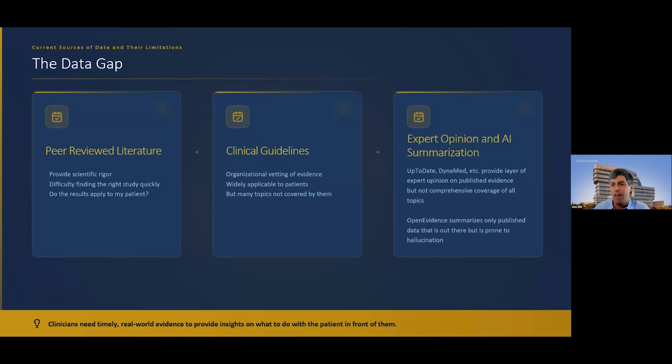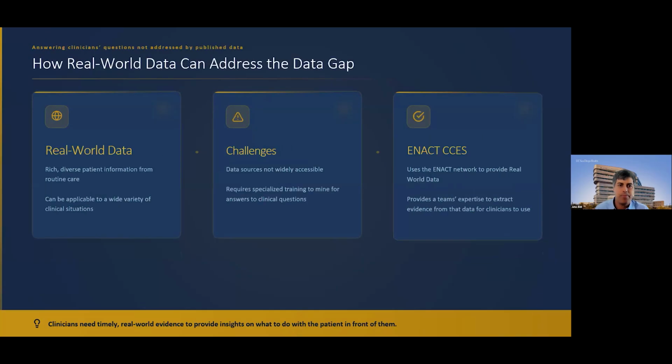I don't know if I can really trust this, because it is taking what I was looking for and getting me the last mile without really providing the evidence that I was hoping for. So with the current options there's this data gap that exists. And so how can we address this data gap?